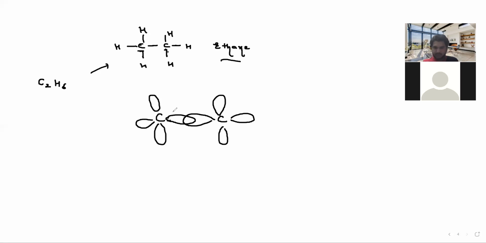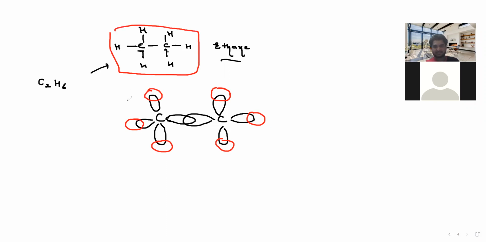And at the rest of the positions, obviously hydrogen comes, and hydrogen has the s orbital. So hydrogen is coming like this. Did you understand? Yeah, I understand. So this is the bond structure, and this is the orbital structure.